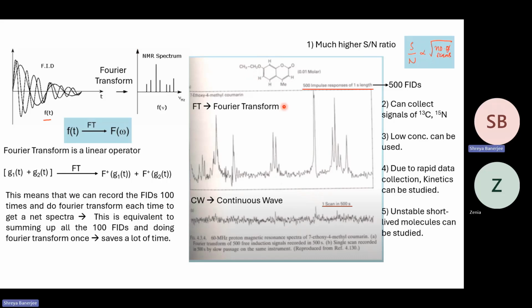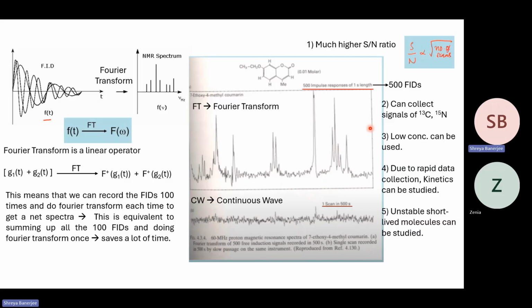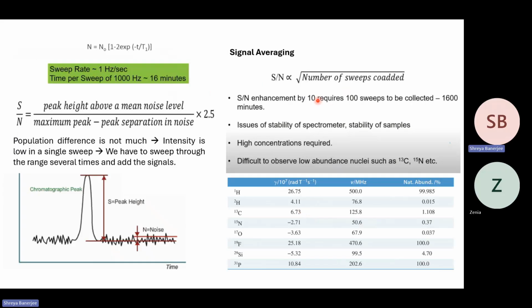But in Fourier transform, since you need only 10 microseconds to scan 100 kilohertz, you can do this scan many number of times. So you can see that 500 times you can do the scan in just 1 second. So that will improve the signal to noise ratio greatly without taking too much time. In continuous wave, we were seeing to improve signal to noise by 10 times, we were needing 1600 minutes.